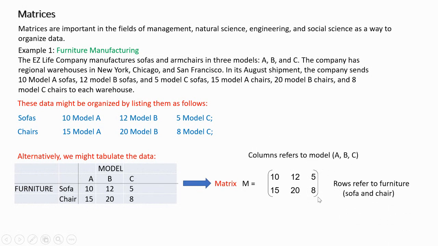Column refers to models A, B, and C. This is Model A, Model B, and Model C. And the first row is the sofas, and the second row is your chairs. So in this chapter, that's how they organize information into a matrix.